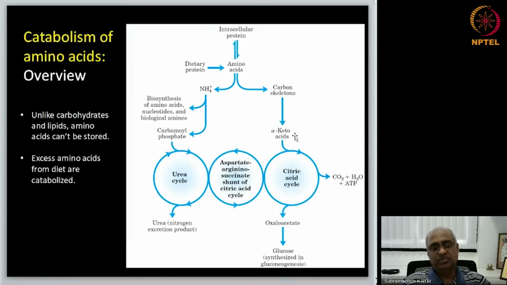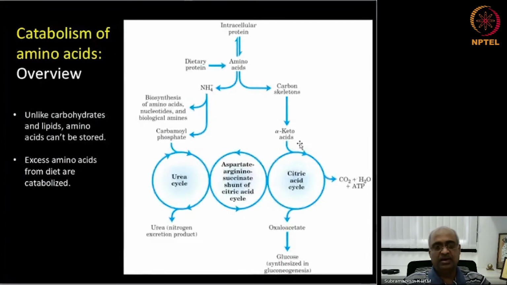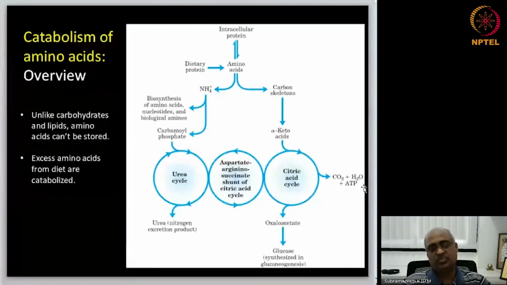For example, pyruvate is a keto acid produced by removing the amino group from alanine. And oxaloacetate in the citric acid cycle is produced by removing the amino group from aspartic acid. So that is how they get into the citric acid cycle and get oxidized.